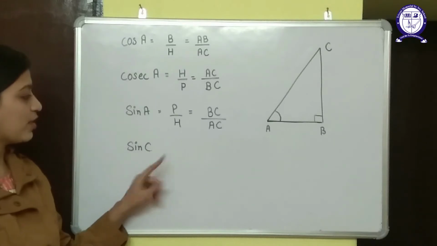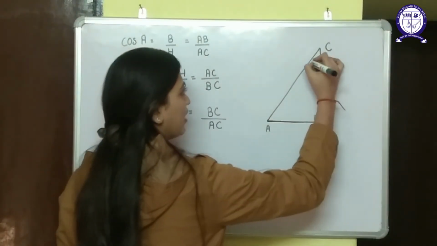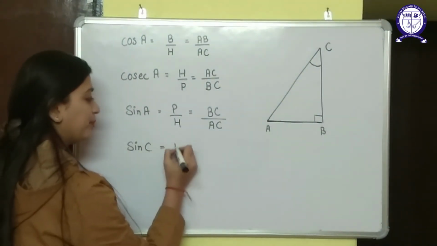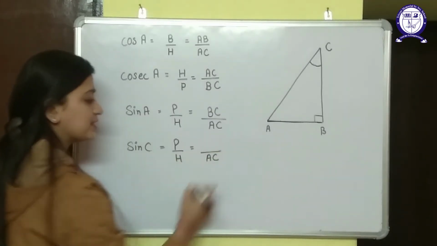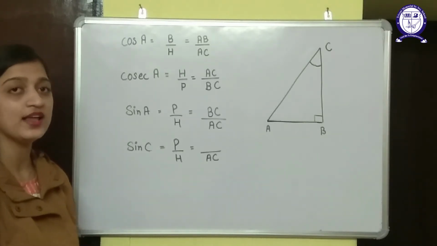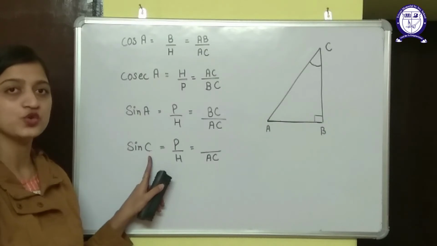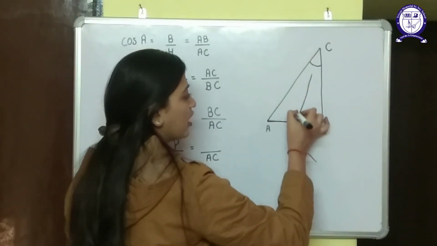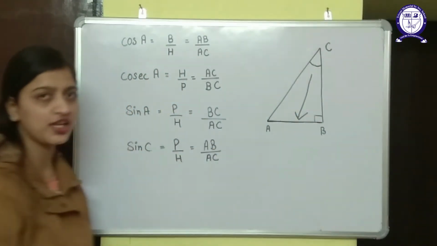Now suppose I am talking about sine C. That means this time I am talking about this angle. Sine C is again P upon H. H will remain same, AC. But my perpendicular is the side opposite to angle C, because now I am talking about angle C. Now which side is opposite to angle C? The side is AB. So the value changes.